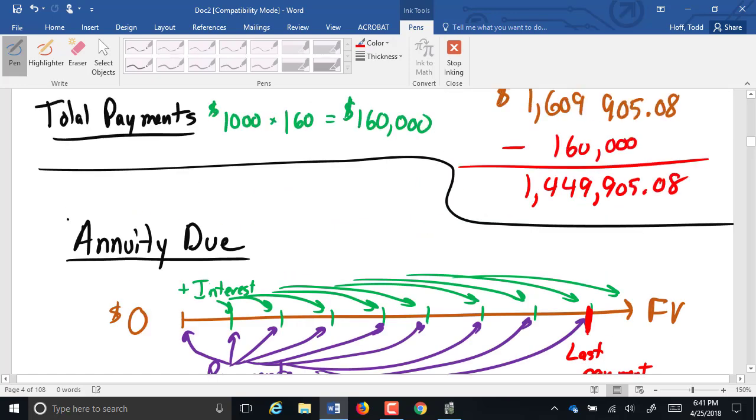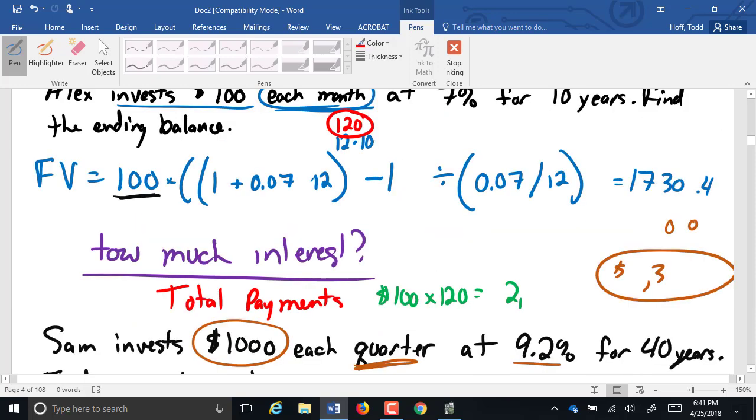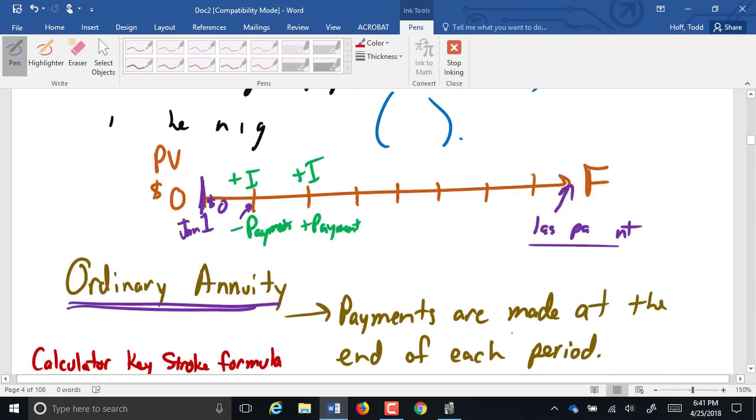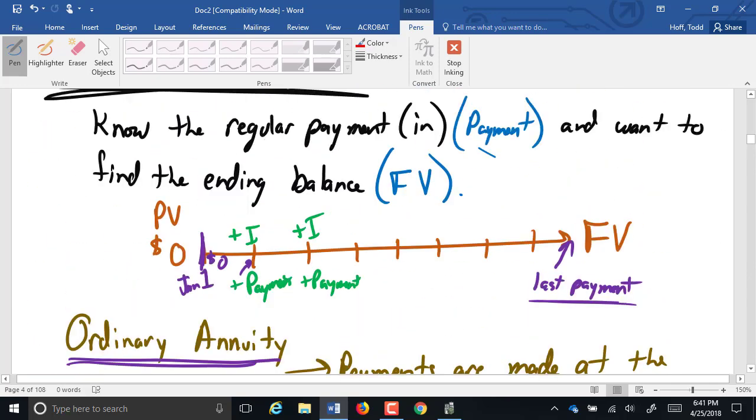Whereas in that ordinary annuity, if you remember up here, that last payment went in at the end of the last period, really at maturity. That last payment received absolutely no interest. It just went in at the very end. And there was zero balance at the beginning here.